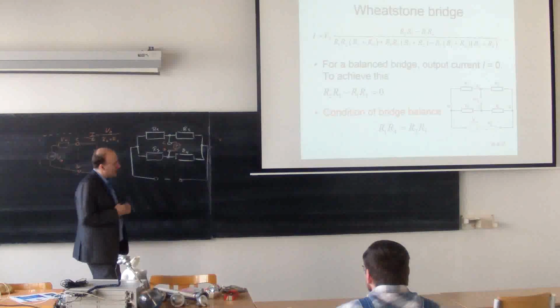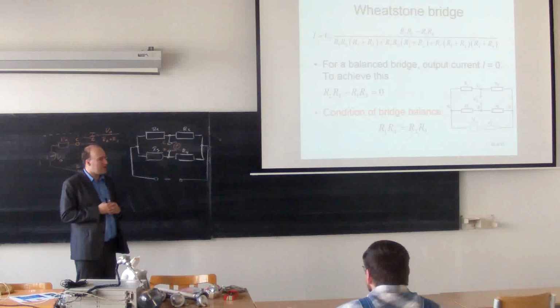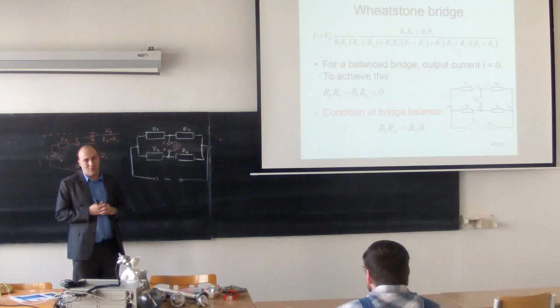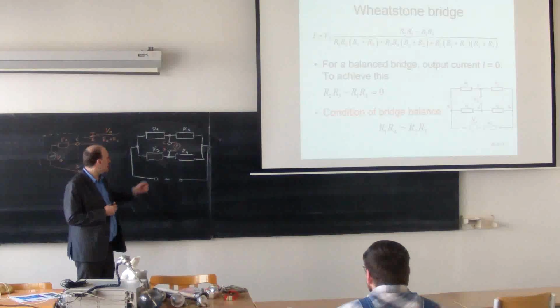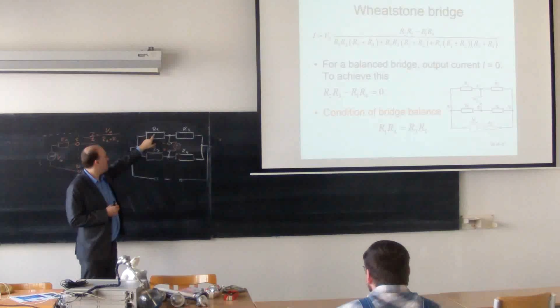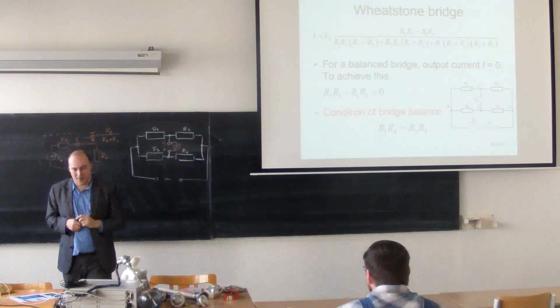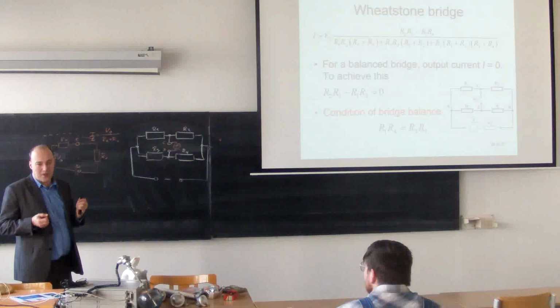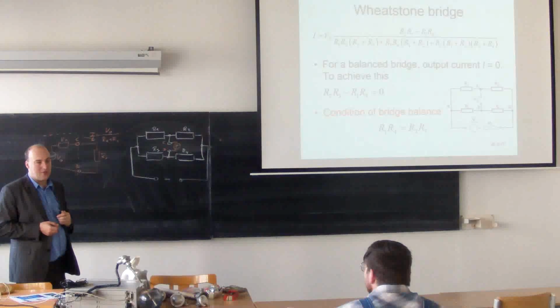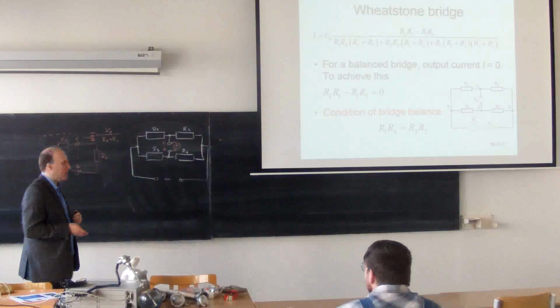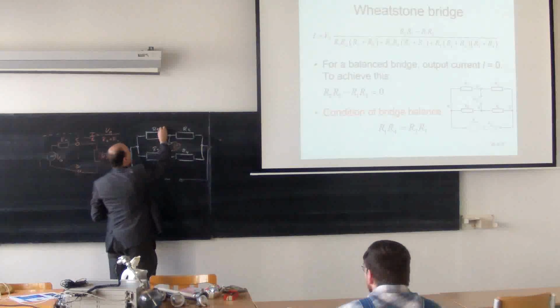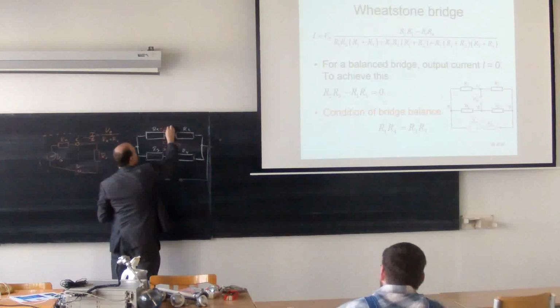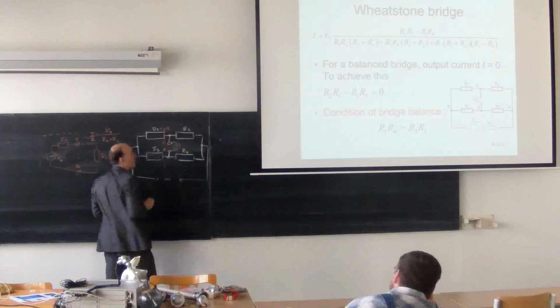We start with the simplest solution. We will have one sensor. Let's place a sensor instead of R1. So R1 will not be a fixed resistor, it will be a temperature sensor, for example. So this value will change with temperature.